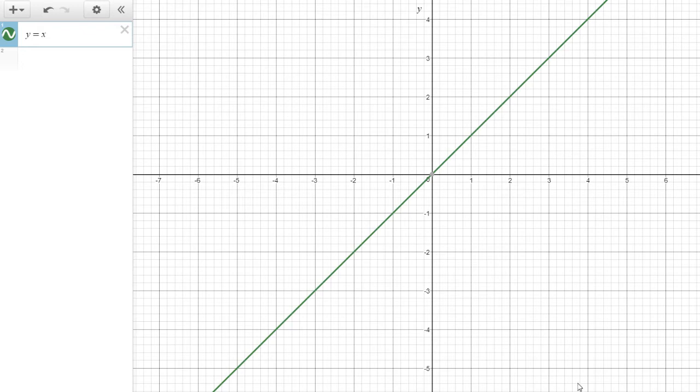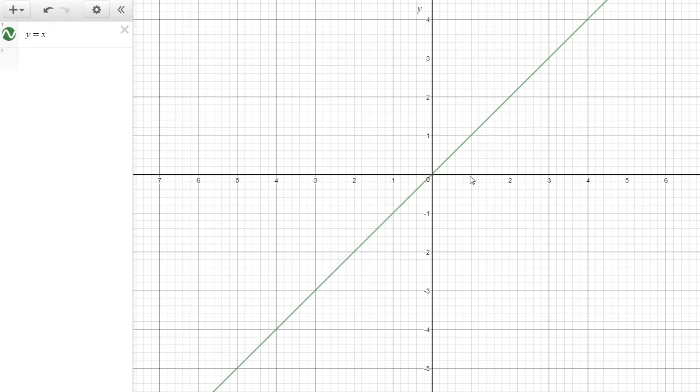If we were to pick out another line, say if we went along 1 and then up 2, that's a point on the line. If we went along 2 and up 4, we've got a point on the line, or 3 and up 6. So every y coordinate would be twice the x coordinate.